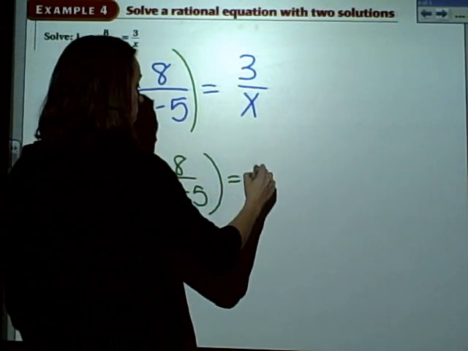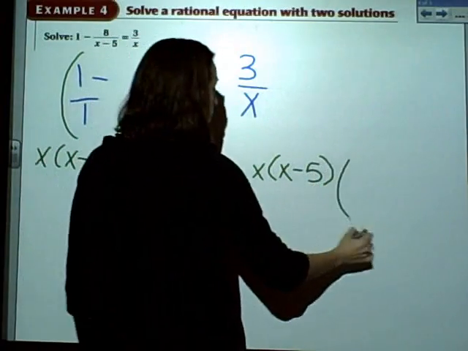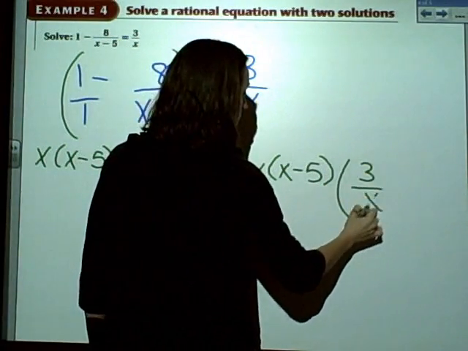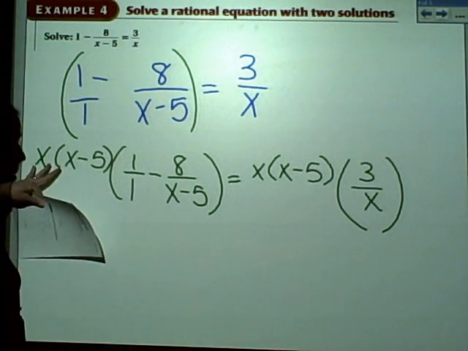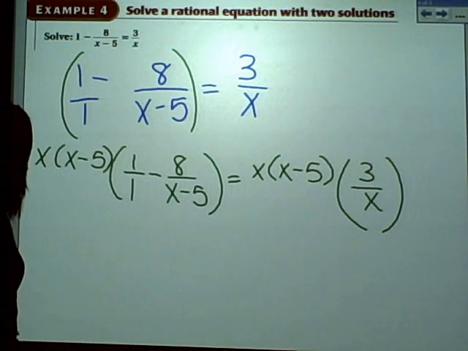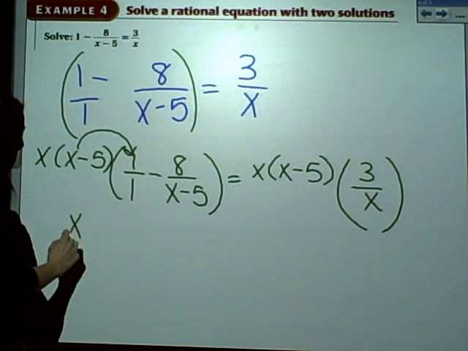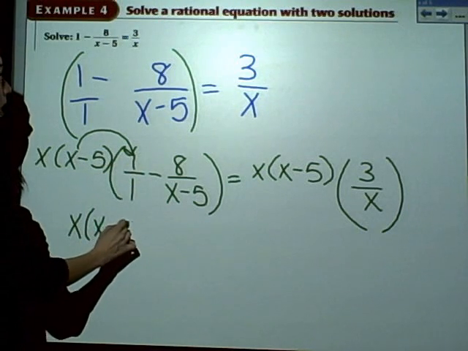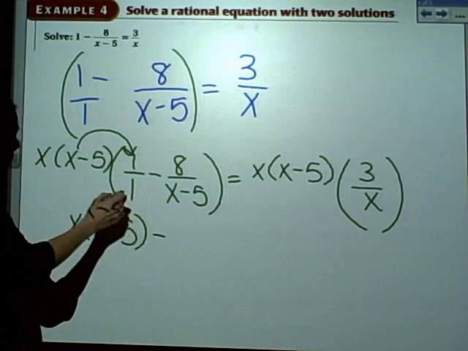And then I'm going to do the same to my other fraction here. Okay, so I have a number outside parentheses, an expression inside parentheses. Again, I have to distribute. This is going to be x times x minus 5 minus, oh, and look what's going to happen here.